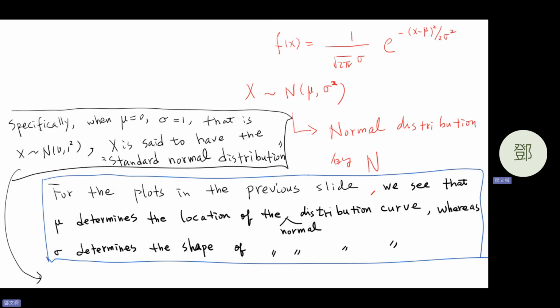N here is short for normal. So for the plot in the previous slide, mu determines the location of the normal distribution curve, whereas sigma determines the shape of the normal distribution curve.